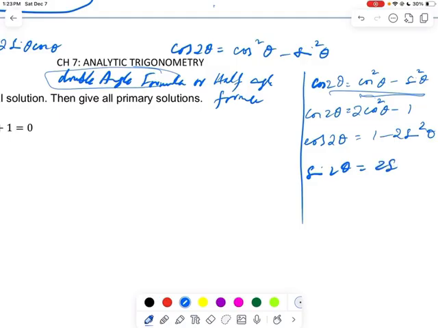So why are they called double angle formulas? Because basically, if you notice, we start with twice the angle, and then in the expression we simplify it, write it as a trig function of the single angle.